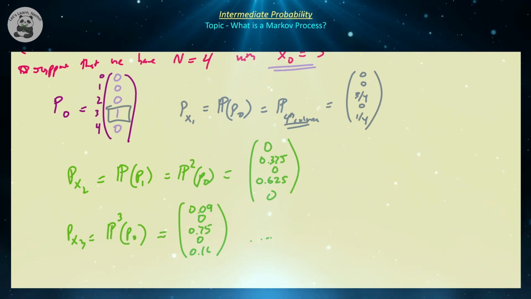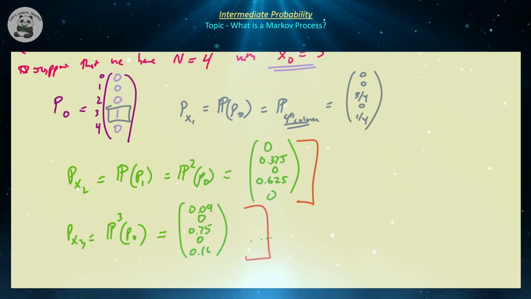Now, one very interesting thing that you should think about is the following. Firstly, note the structure of this vector and this vector. Notice that the zeros switch between even and odd indexed entries. Can you think about why that is the case? If you need a little bit of a hint, recall the structure of how random walks usually go, right? Because we can either go left or right. We can't stay where we are, right?